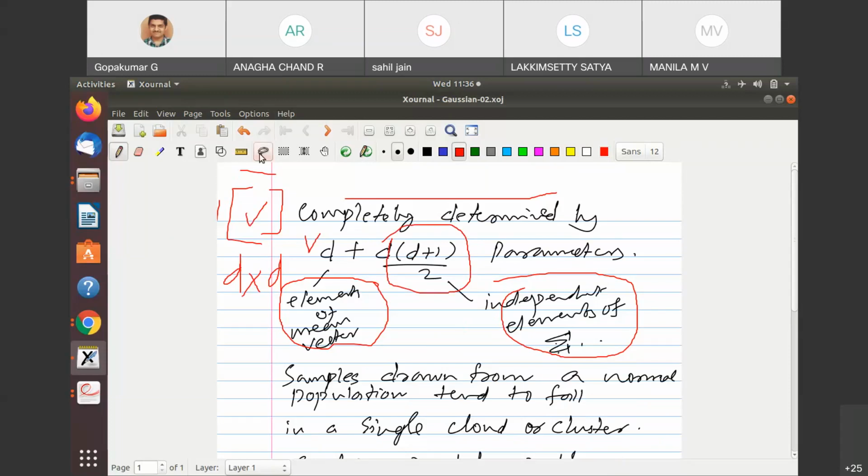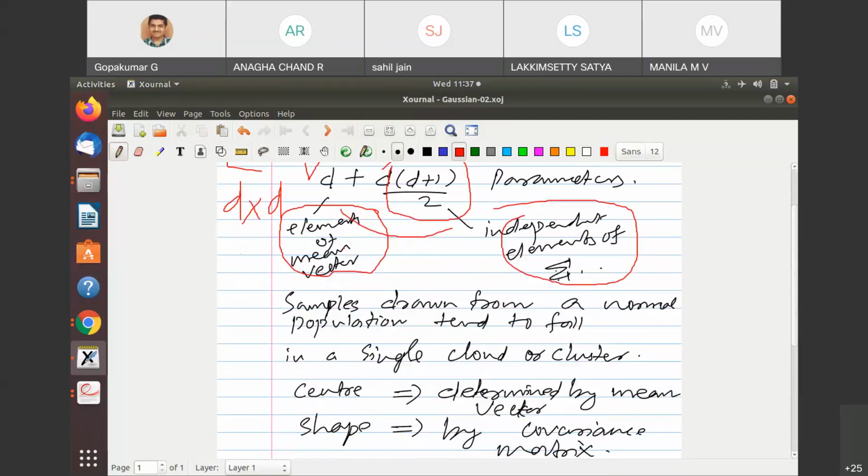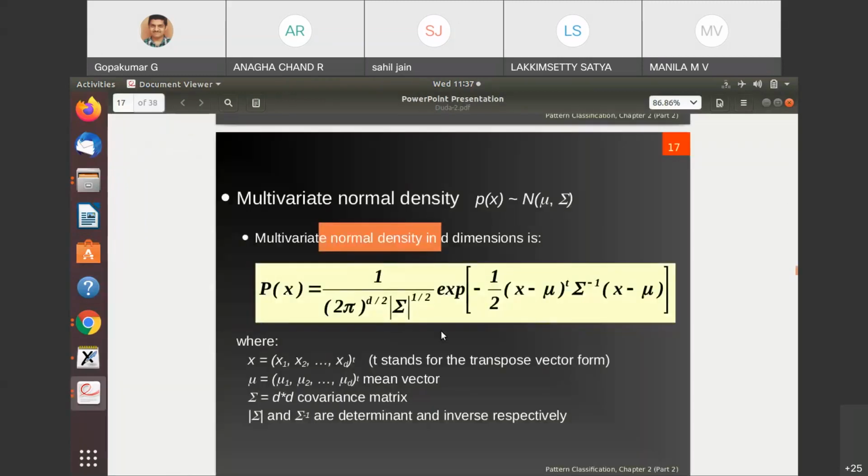So in total we have d plus d(d plus 1)/2 parameters that determine the entire multivariate normal density. We'll come to this later. So that is how we can extend to d dimensions.